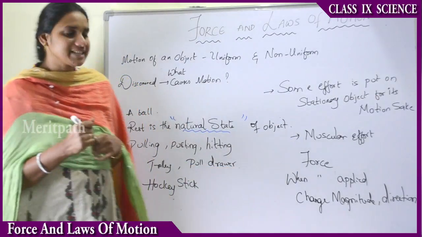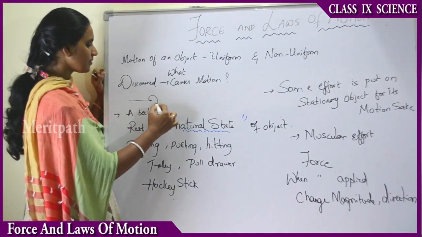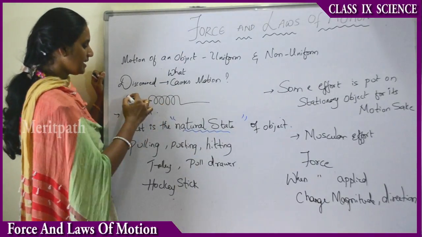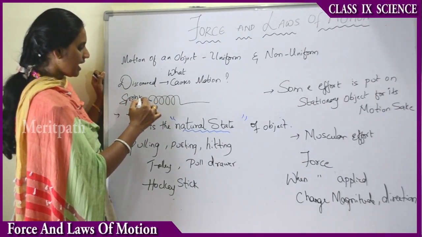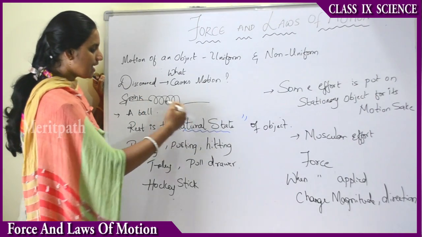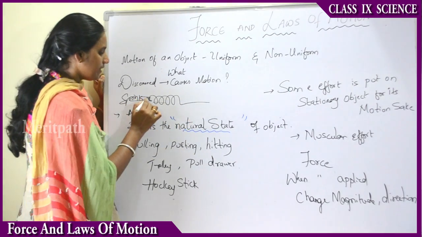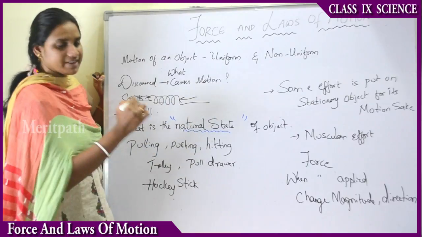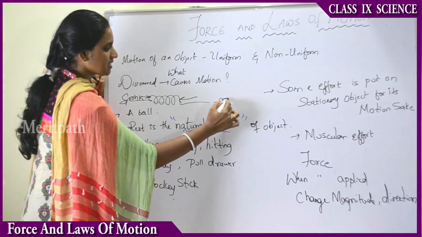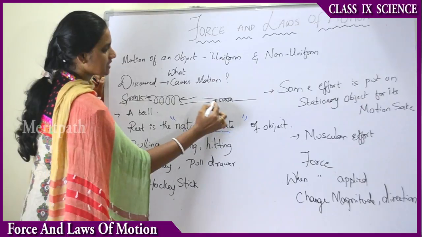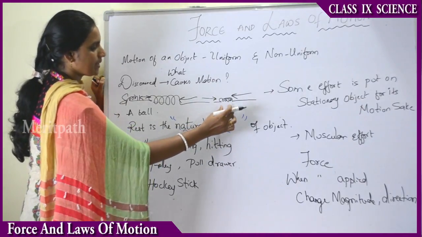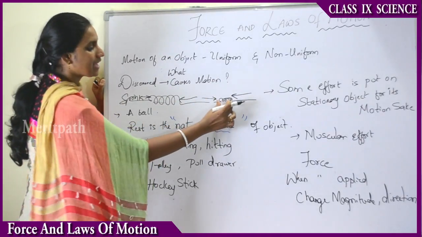For example, let us take a spring, right? This is the spring, and when we apply an external force on the spring it will be compressed, right? When external forces are applied, the spring's shape will be compressed.